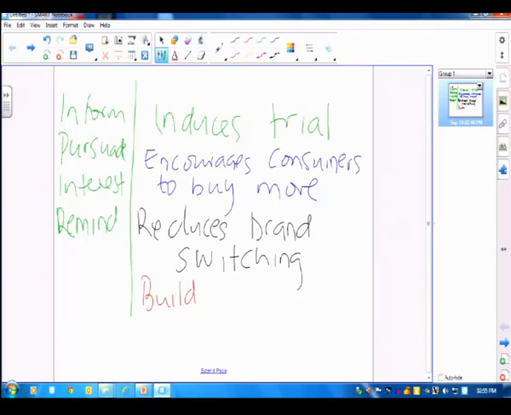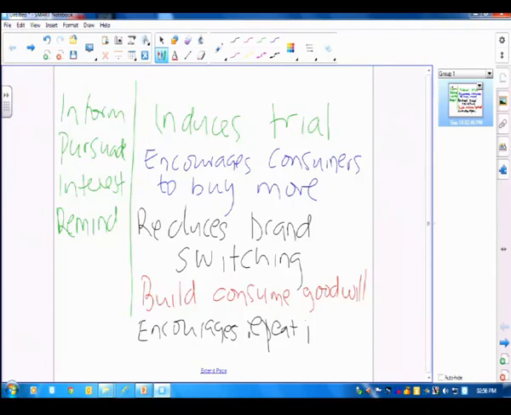And it also builds consumer goodwill. And lastly, but not least, it encourages repeat purchases. So those will be the answer for that question.